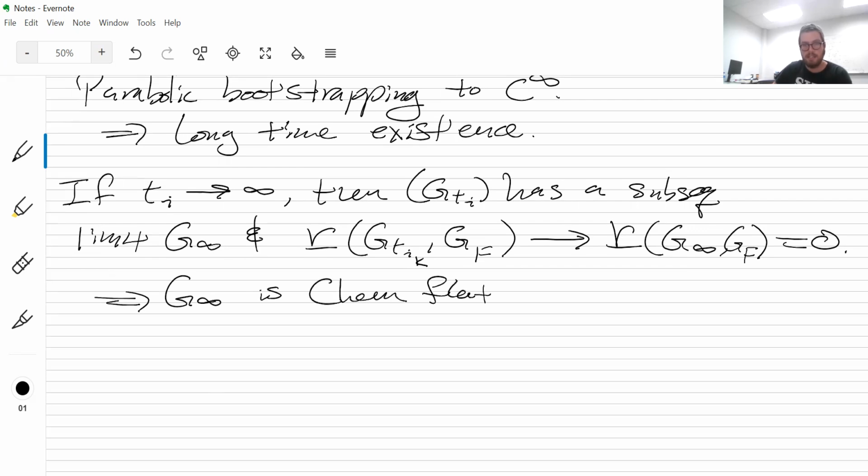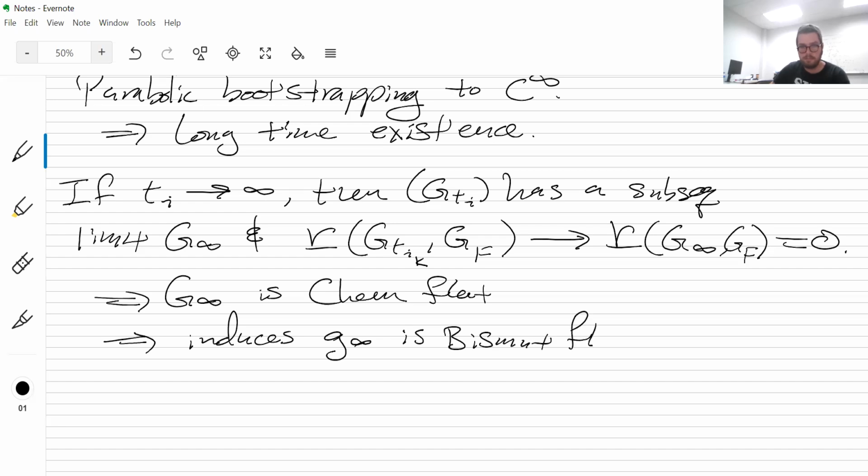It's Chern flat, and G infinity induces a little g infinity, which is Bismut flat. And again, because we're running out of time a little bit, you can get that the whole flow converges to g infinity by the a priori estimates.